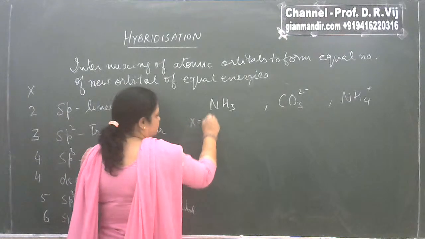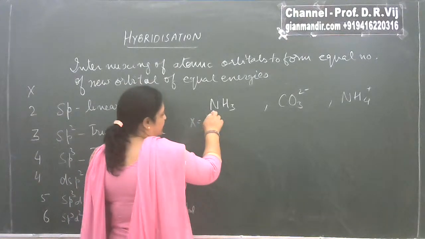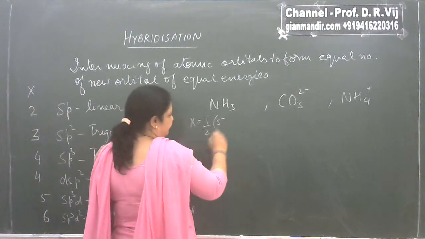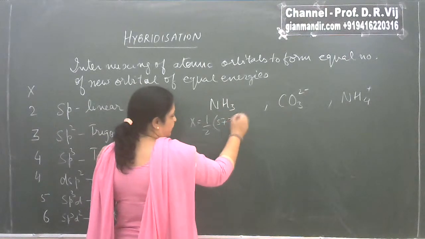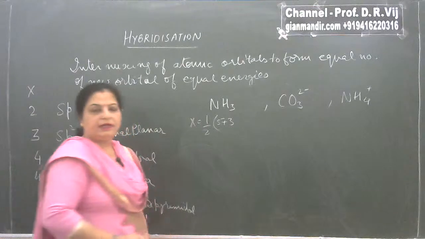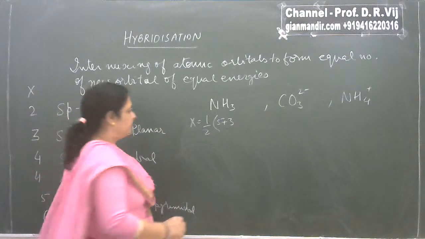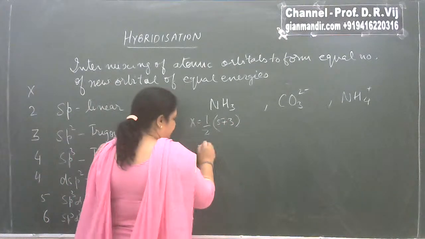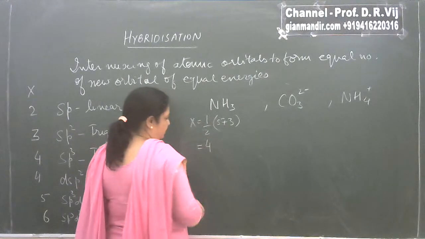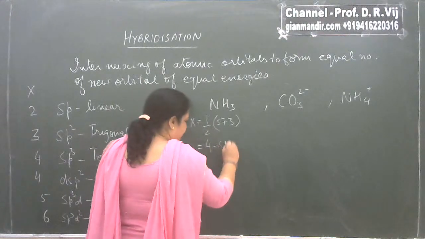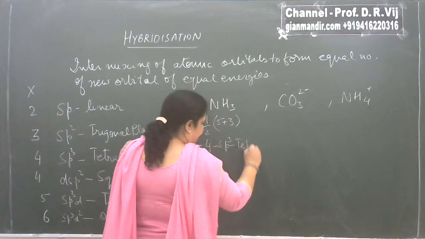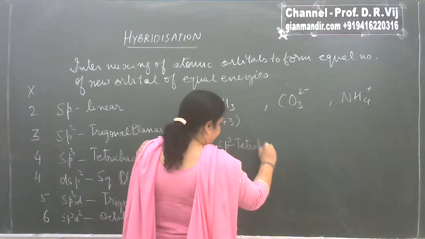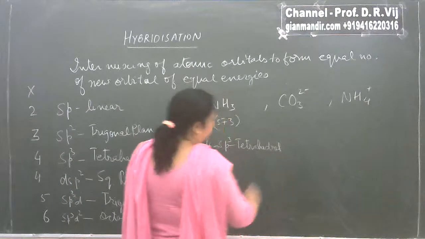The value of X is half. In nitrogen, the number of valence electrons is 5 and the number of monovalent atoms attached is 3. No cation, no anion, no charges, and here you get the value of X to be 4. If it is 4, it is sp3, and that means the shape of the molecule is tetrahedral.